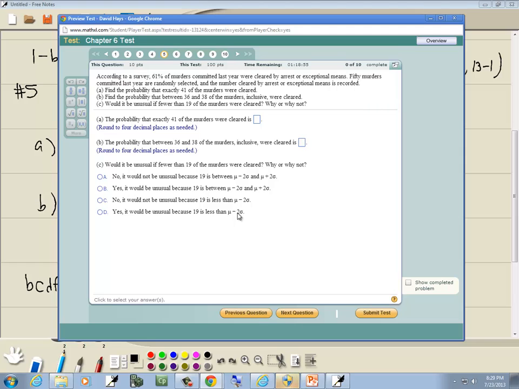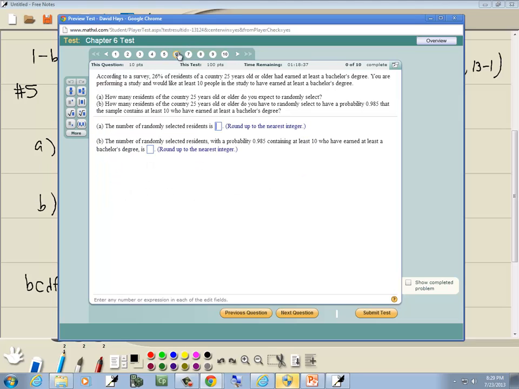So if 95% of the data is in between there, then 5% is in the tails. So it's asking if your probability is less than 5%, then it's unusual. It's kind of a weird way to write it here, but that's what they're referring to.